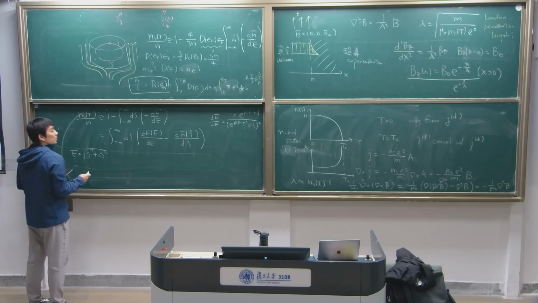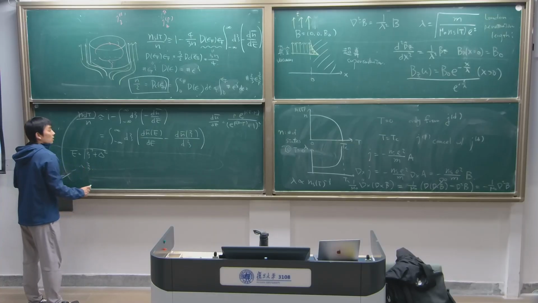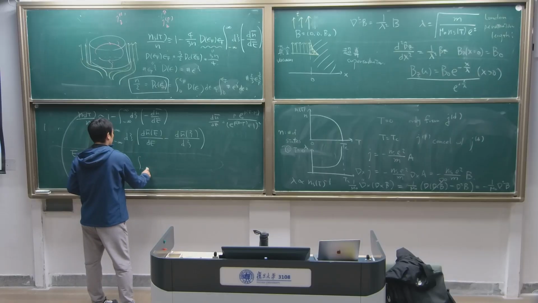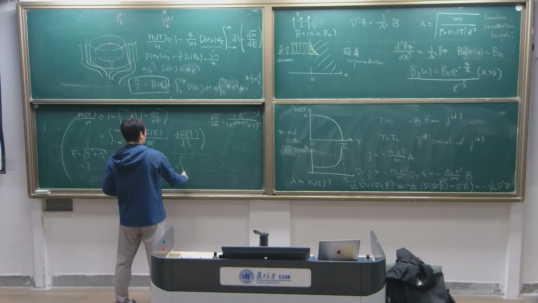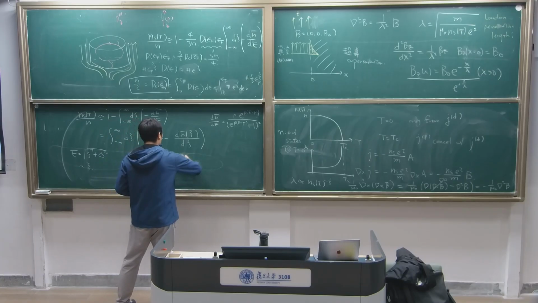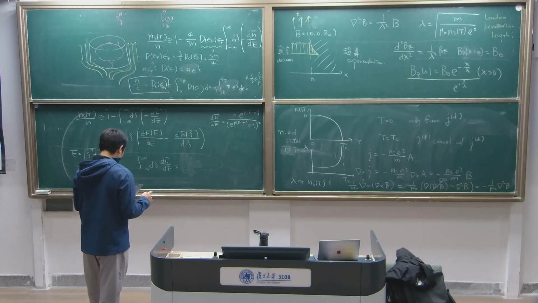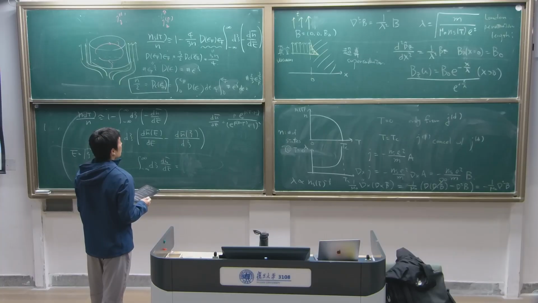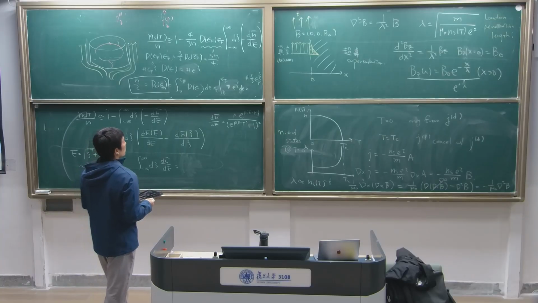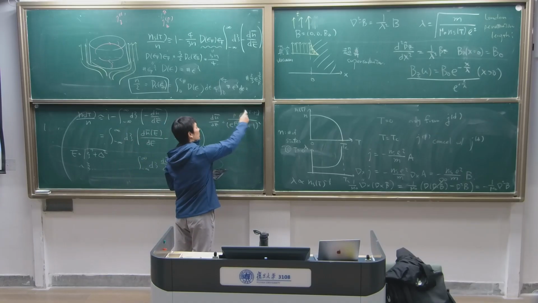So you can approximate this. If you do that, it's just the integral from minus infinity to infinity of E and the derivative dE. But if D is infinity, this becomes 0.